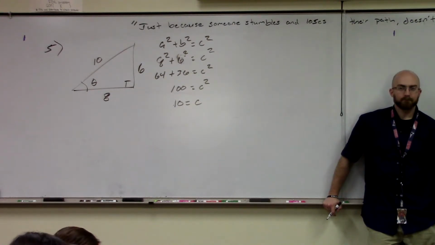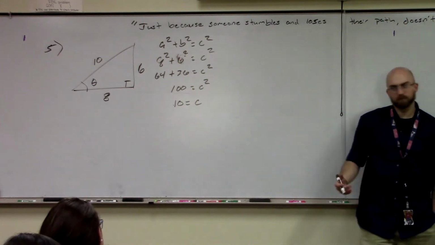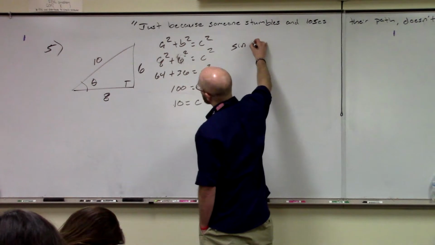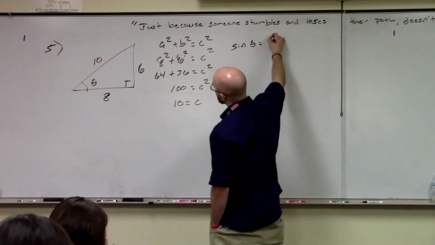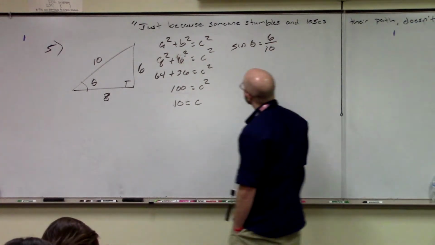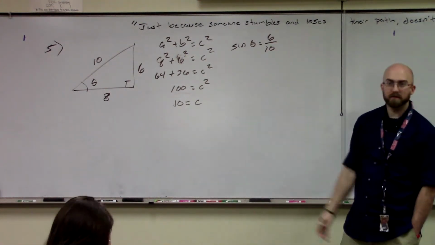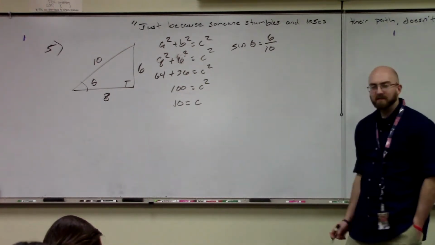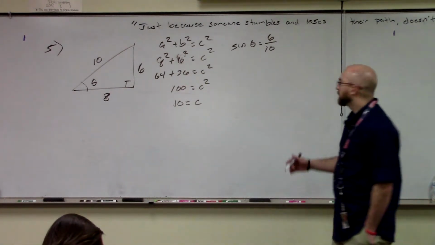So now what? You start with sine, so the opposite over hypotenuse. So 6 over 10. Sine up there, 6 over 10, right? 3 over 5. And then just list them all out. Would you need to simplify that to 3 over 5? Yeah, when you guys actually grade it, it does simplify it. So let's go ahead and simplify it.